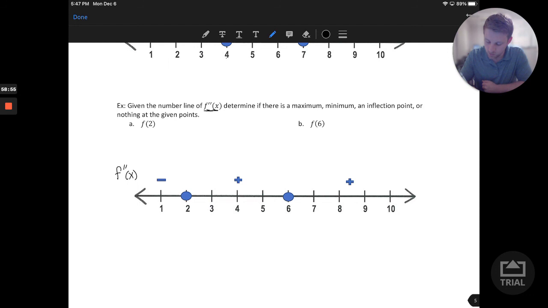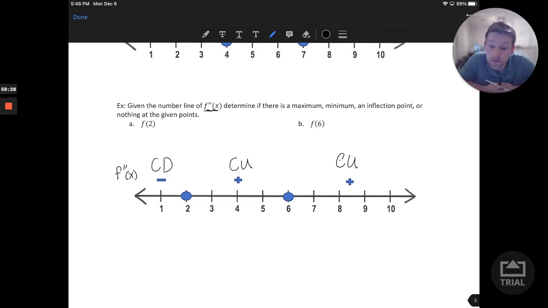That would mean we are concave down over the first interval. We are concave up over that second interval from 2 to 6. And then the plus sign, again, we're going to be concave up again. But again, our second derivative is 0 at both 2 and 6. So we want to determine whether or not we have an inflection point, a maximum, a minimum, or nothing at each of these points.